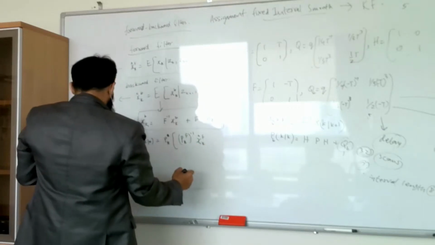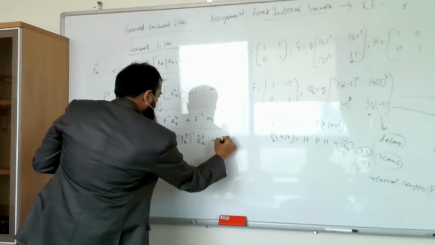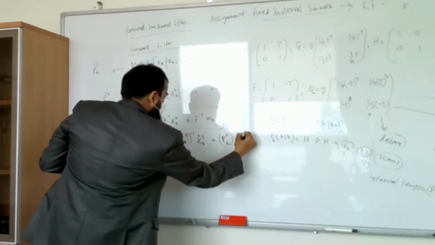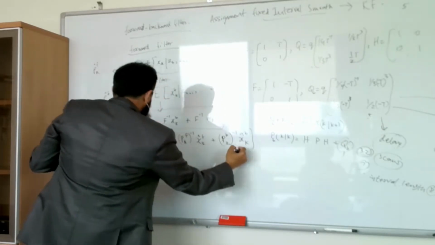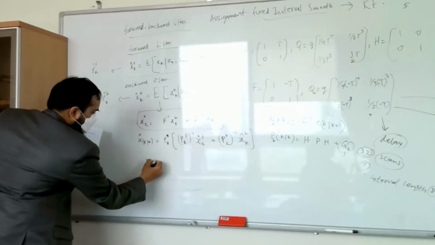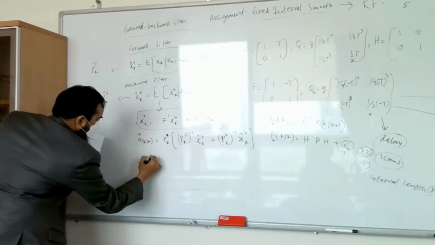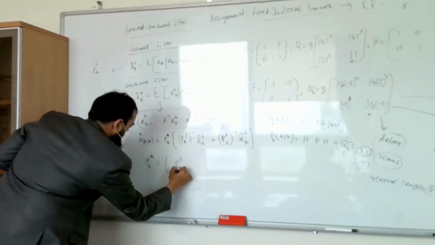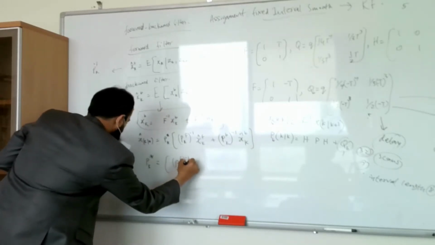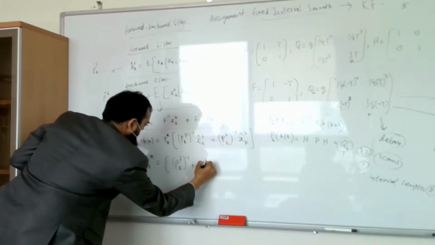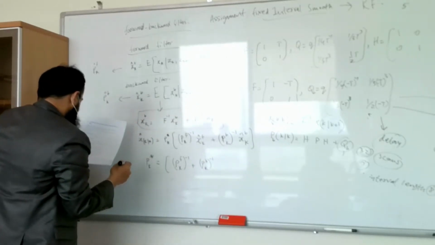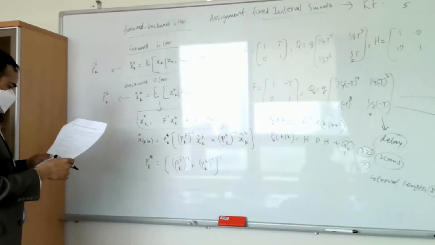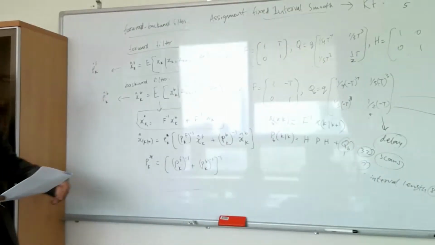Plus the backward covariance at scan K inverse times the backward state estimate, where the P_K is equal to the forward covariance inverse plus the backward covariance inverse, and whole inverse. So this is the fusion.